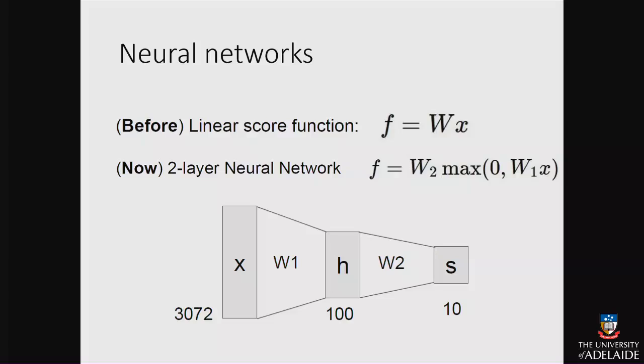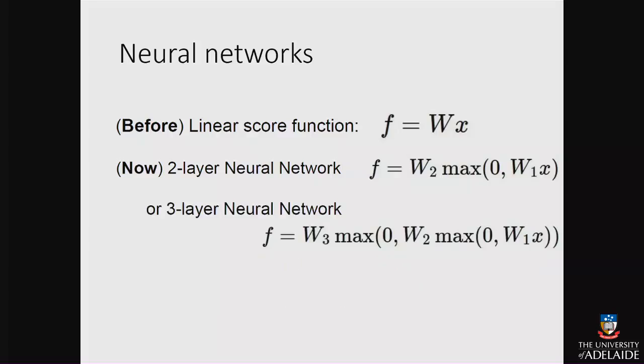That means the size of W2 is 100 by 10, so that I get an output of size 10. So the neural network is linear, nonlinear, then linear. This is the simplest two-layer neural network.